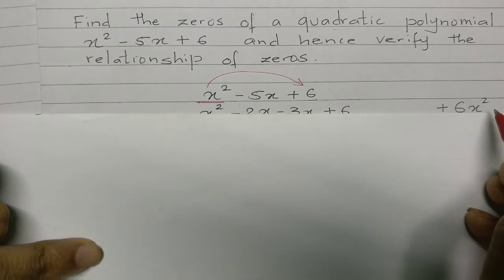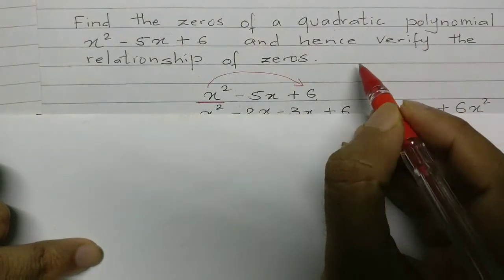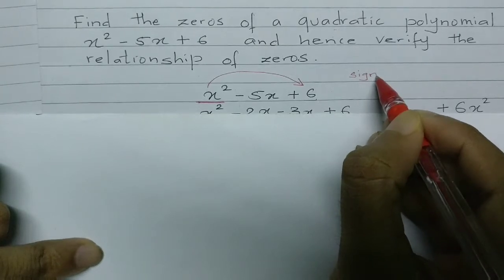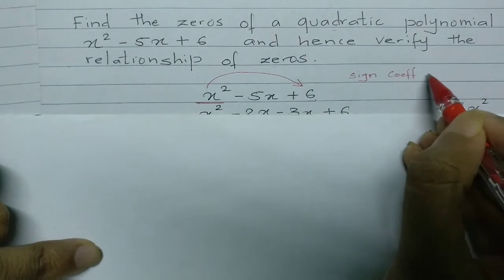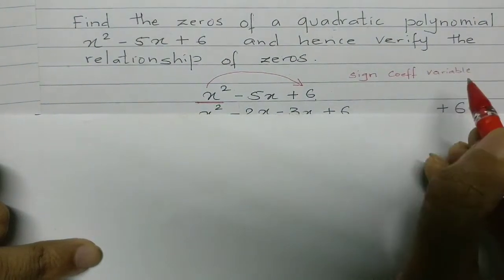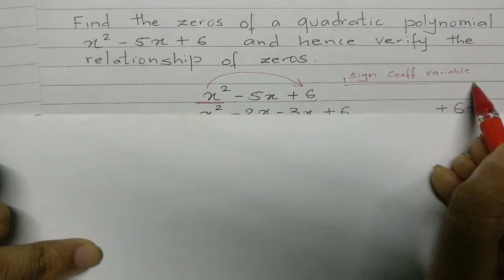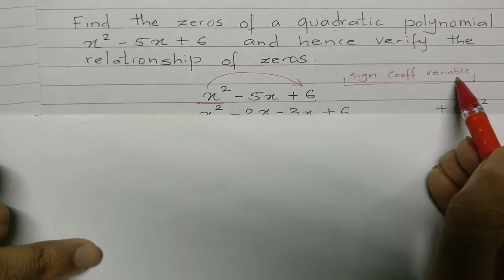Now keep in mind that whenever you are solving polynomials, there are three important things that you have to remember, and I'll write it for you over here. It is the sign, the coefficient, and the variable. Every time you multiply two terms, please remember this: sign, coefficient, variable.